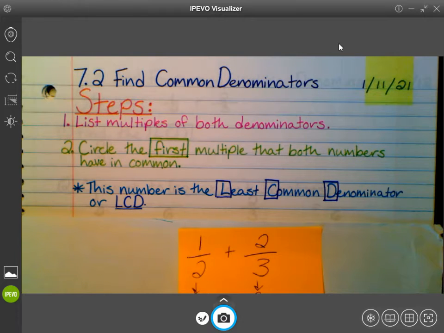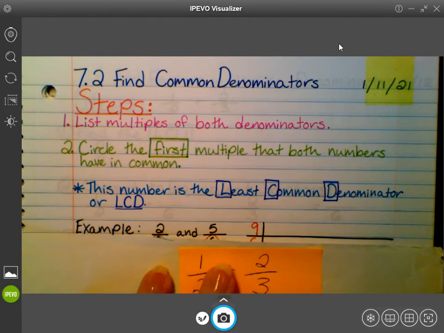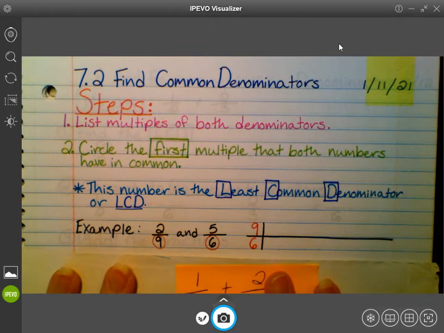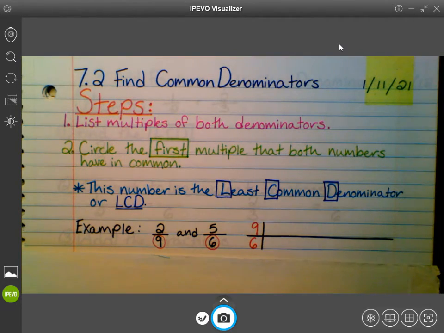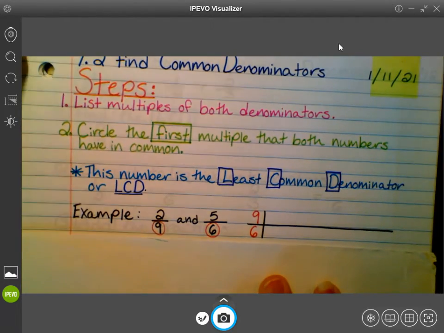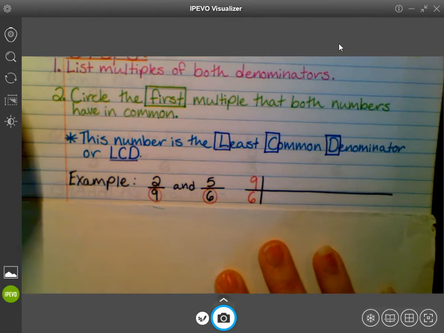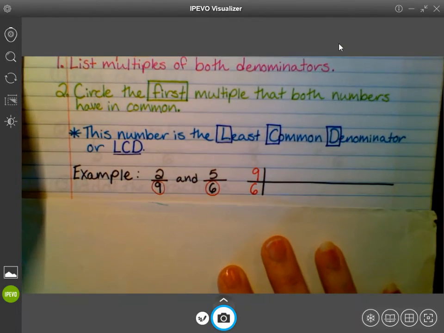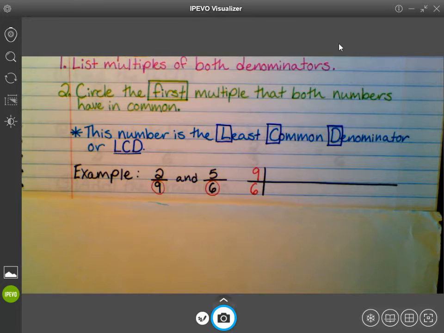So when we complete step 1 and 2, we're finding the least common denominator, the smallest number they have in common. So then, we have an example here. Let's write this example down. Our example, we have 2/9 and 5/6.